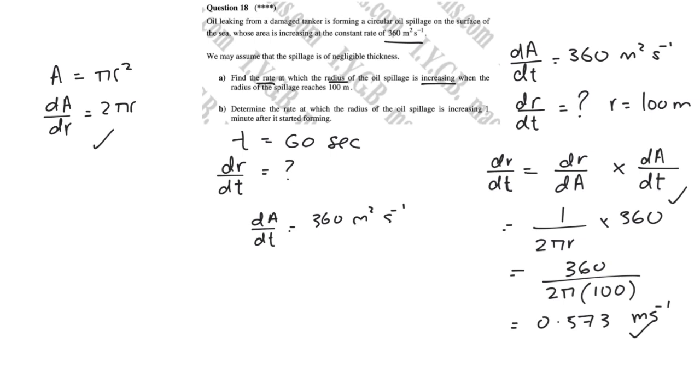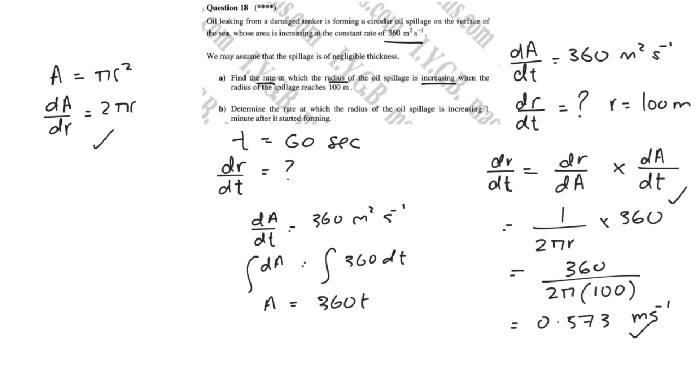It's very cheeky. It's almost like integration. This is just a side note: if you have dA over dt, then you are basically integrating both sides. So if you integrate both sides, when you integrate 1 with respect to dA, you get A, and when you integrate 1 with respect to t, you get 360t, plus c.